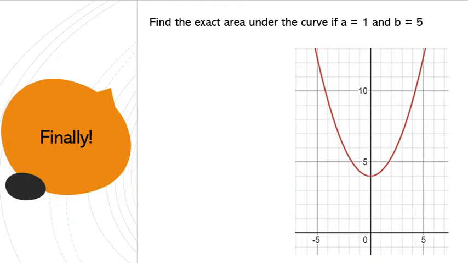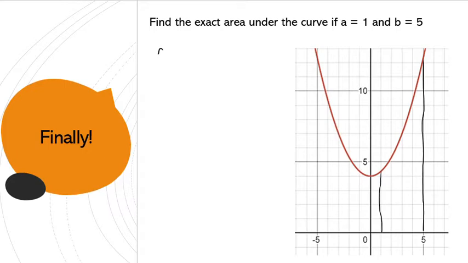So we're going to go back to that equation that we have been using all along and set it up as a definite integral, because we were talking about going from x equals 1 to x equals 5 and using Riemann sums or the trapezoid rule to approximate that area, but now we can find exactly what it is.